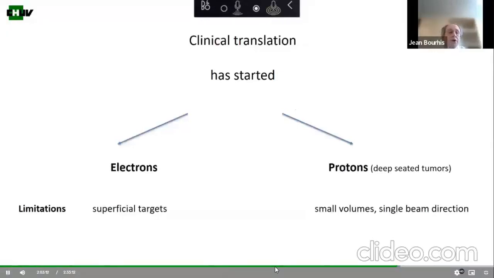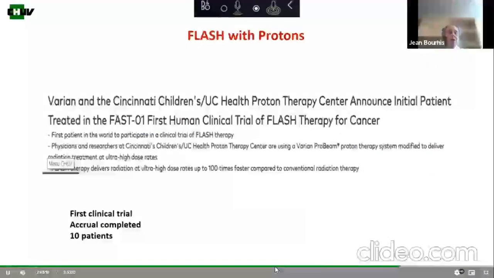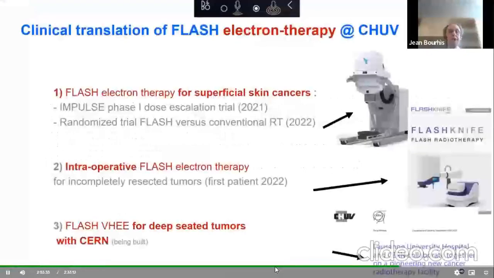So just a few words on the clinical trials that have been initiated. The first one is from Cincinnati, treating pediatric cancers with a palliative intent, a palliative dose of 8 gray, which showed the feasibility. I think 10 patients have been accrued.